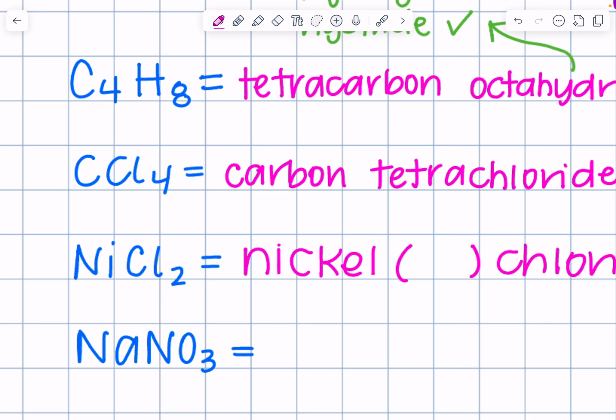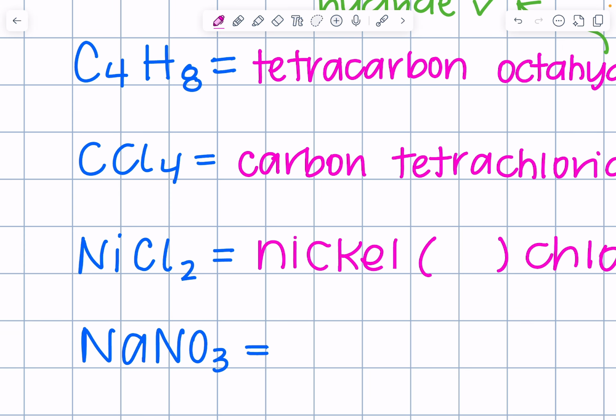Now, you just have to think about it math-wise to figure out what charge we put up here. So chlorine, we know, has a 1- charge, and I have 2 chlorines here. So that's a total of 2- charge that has to be canceled out by our nickel. We know it has to be canceled out because this is a neutral compound.